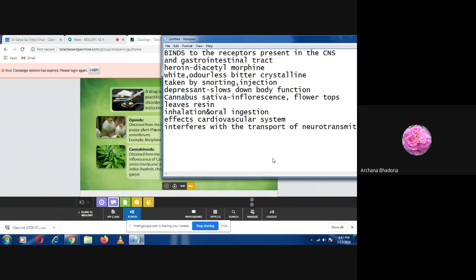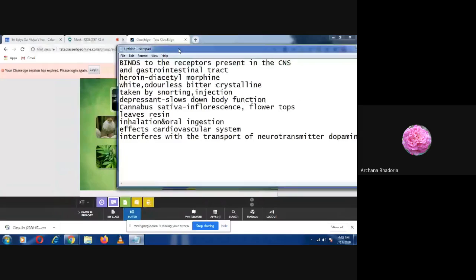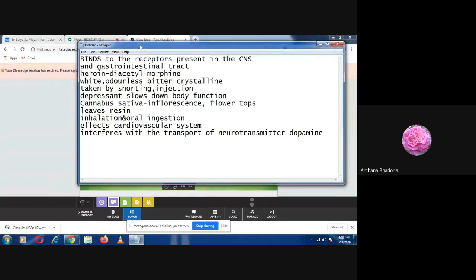What is the name of the transmitter? Dopamine. So this way you can understand that this drug is also affecting your central nervous system.